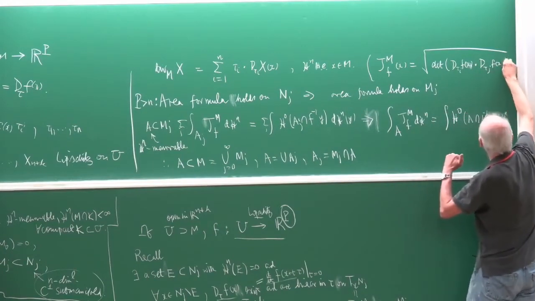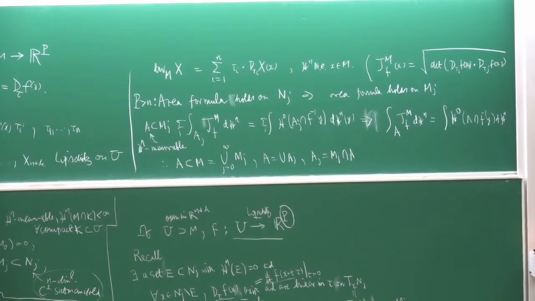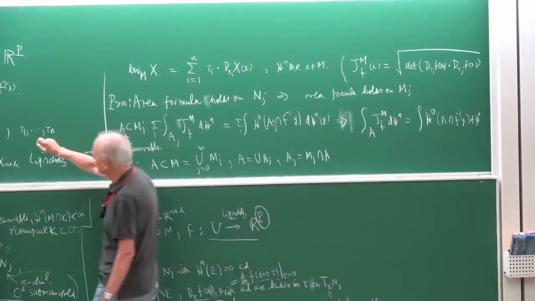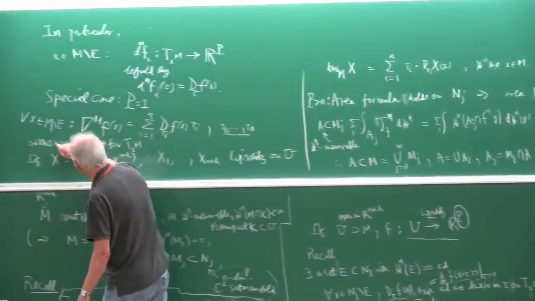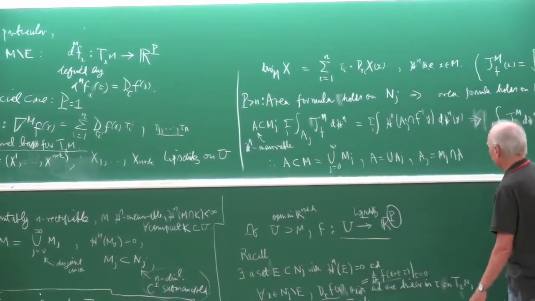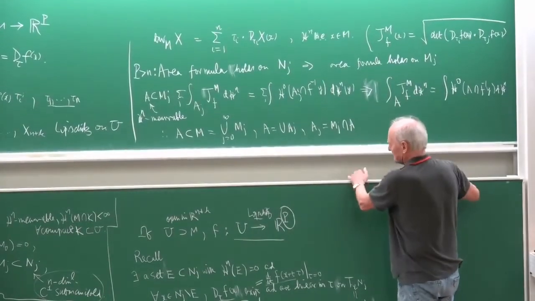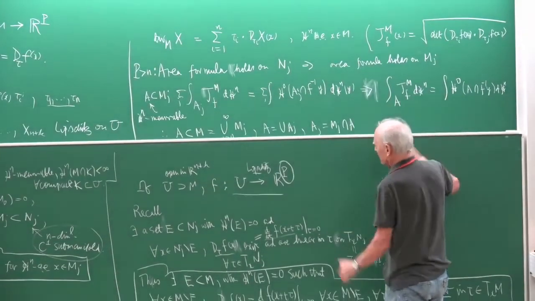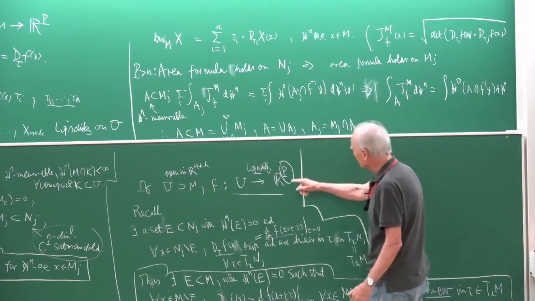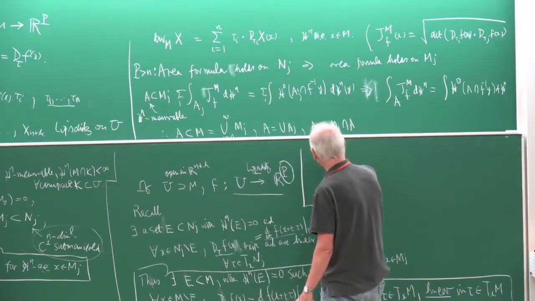So this looks exactly like the formula for the C1 case, except that we're now using the approximate tangent space. Again, tau_1 up to tau_n is an orthonormal basis for the approximate tangent space. Okay, so that's what happens when p is bigger than n, and if p is less than n, you can use the co-area formula.